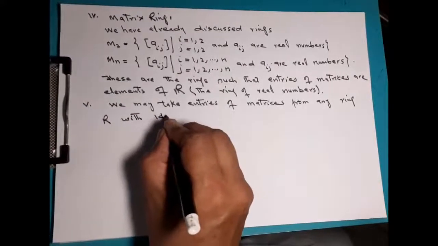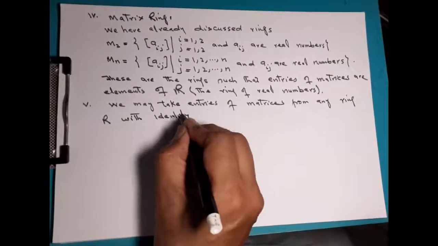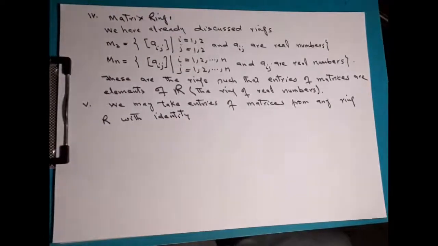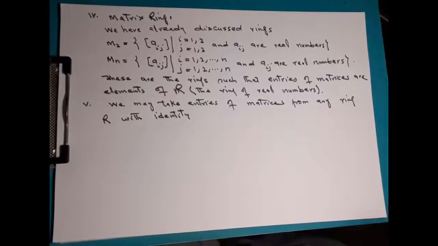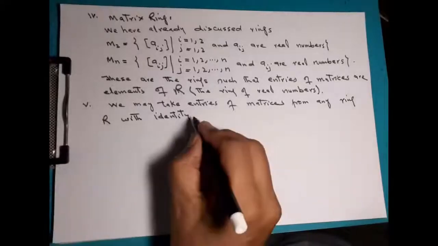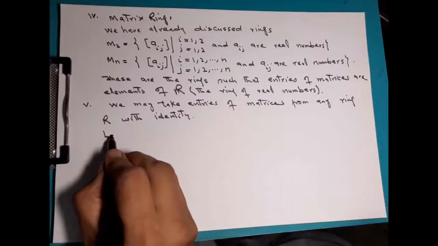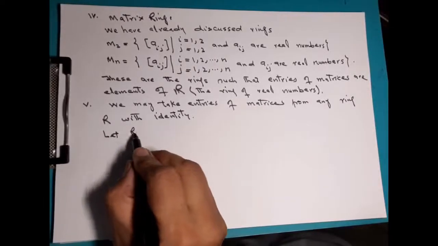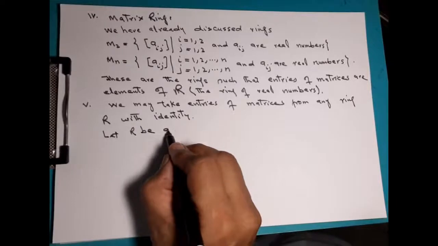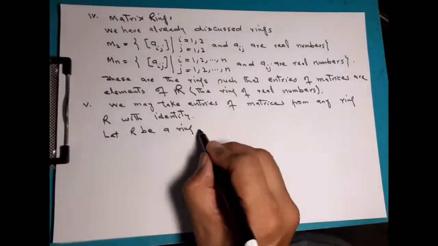It is not necessary that our matrices should have entries from the ring of real numbers. We may take any ring R with identity to have our matrix entries from. So let's consider a ring R. So let R be a ring with identity.